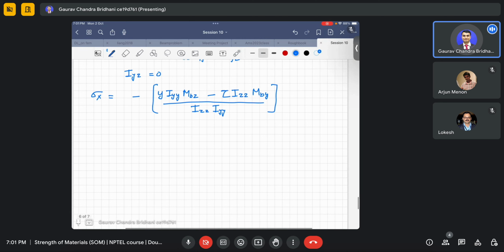Further if I divide, it will be minus here y into m b z divided by I z z. That is the formula which we have learned thus far.